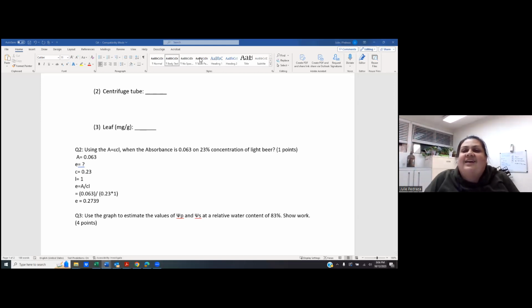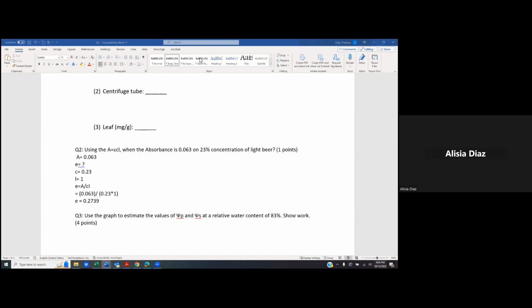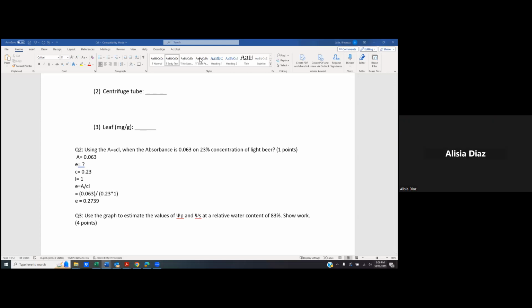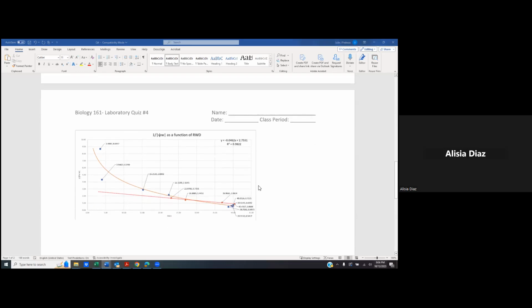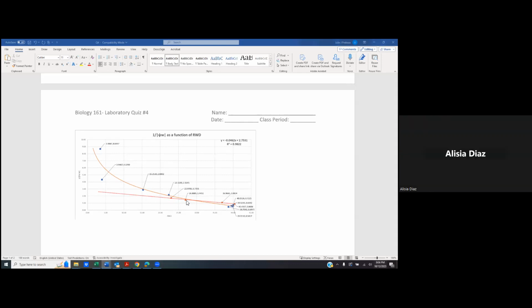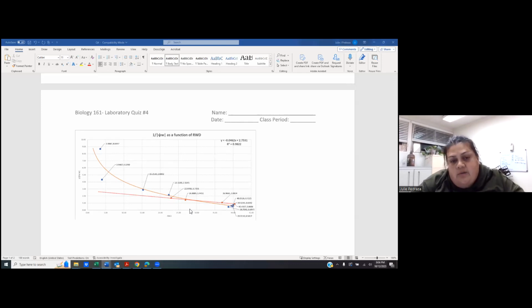A quick question. The incipient point is where the two graphs meet, right? It's not where the dot is? Technically you can say this one, here's a good example.